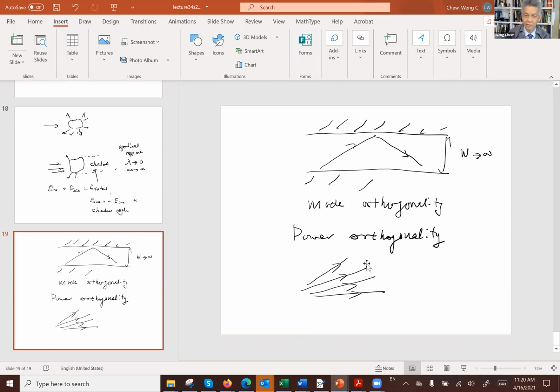Because of that, you can understand why only the power scattered in the forward direction can be used to predict the total power scattered by the whole object. I didn't say this in great detail, but you really have to go through the math to understand it. That is another way to understand why the optical theorem is true. It actually follows from mode orthogonality and power orthogonality.